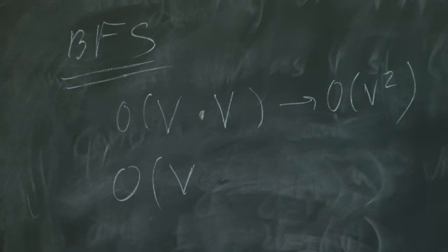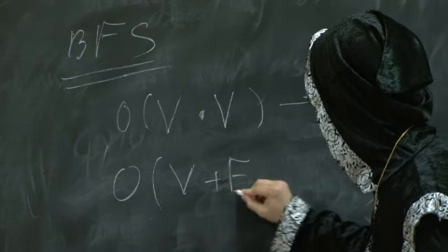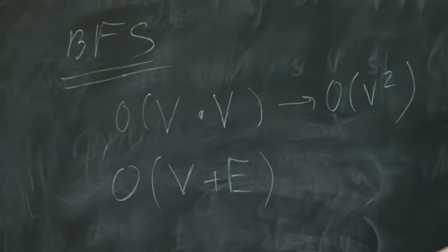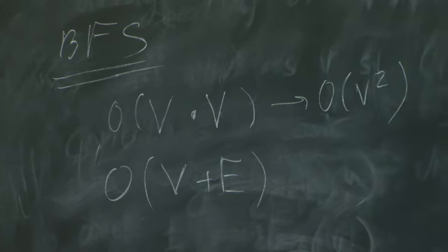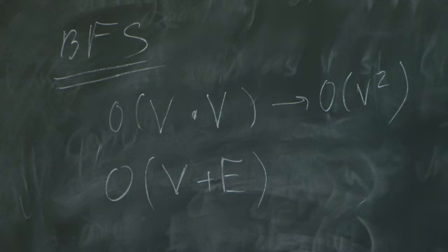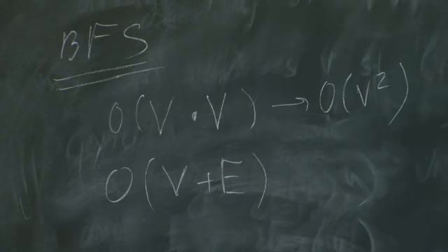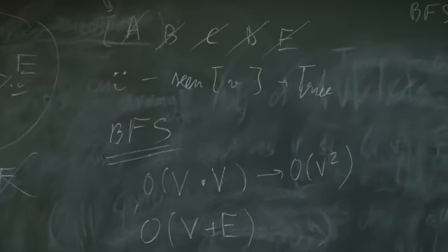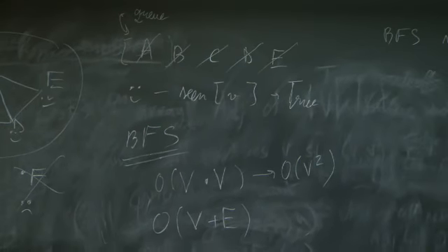So if I look at all the nodes, it's E. So for every node, I have to look at its neighbors and see which neighbors are in seen. For the neighbors that are not in seen, I add them to my queue. Checking if a neighbor is in seen is order 1. Adding it to the queue is order 1. So the total work for a node is order of its neighbors because of the adjacency list, not matrix.